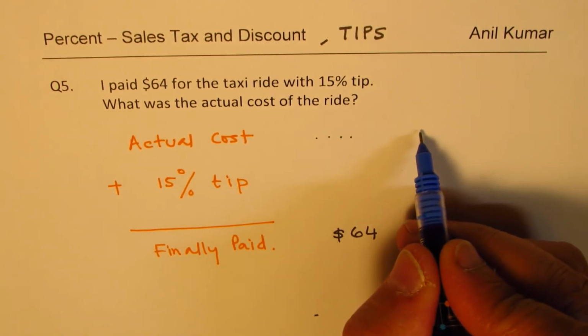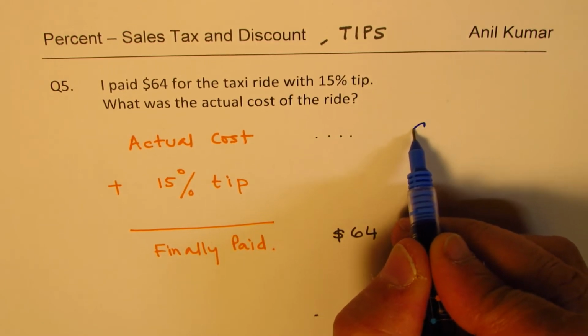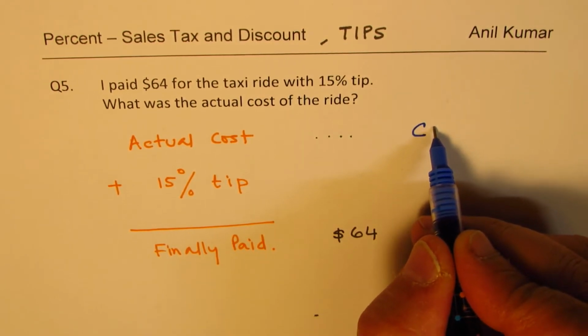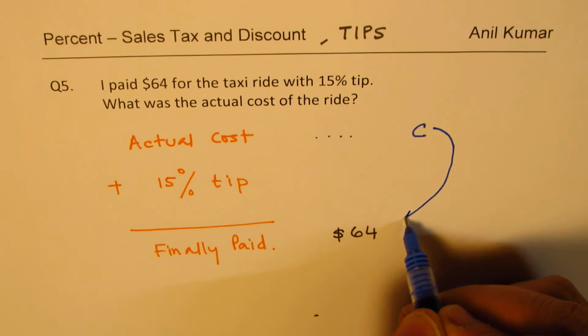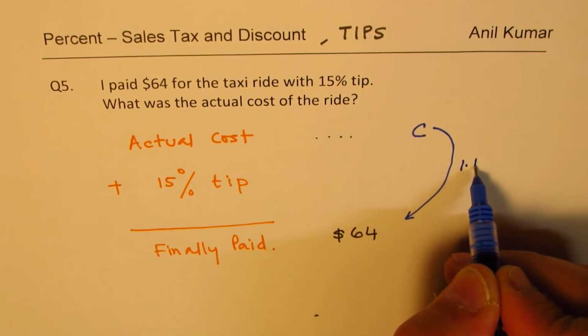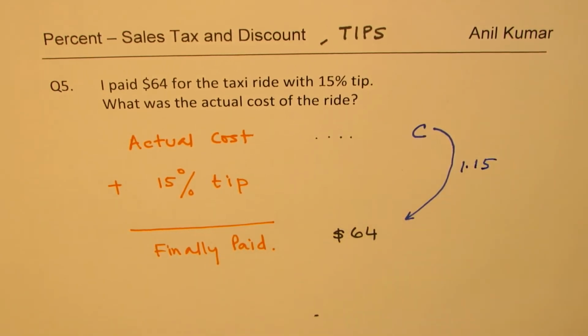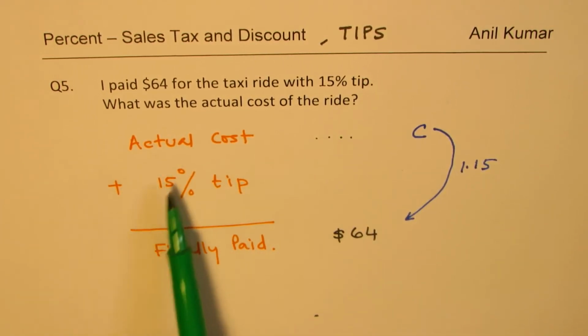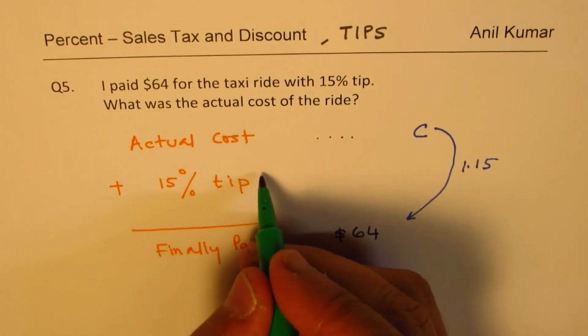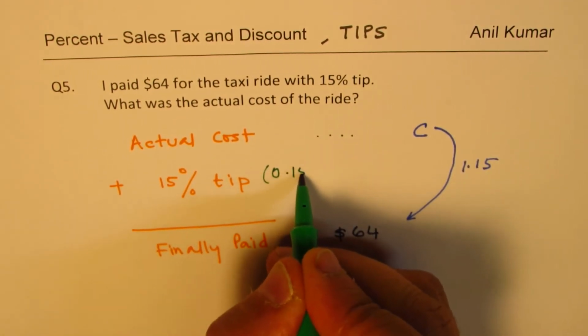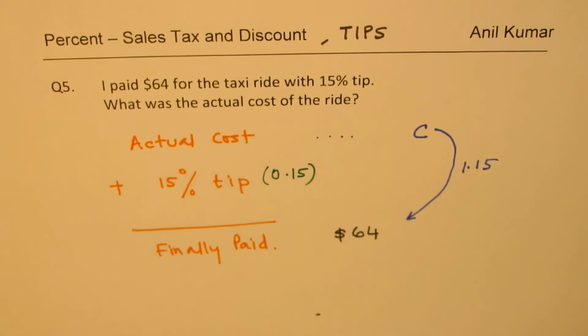So if cost was, let's say, C, then we multiplied this by 1.15 to get the value. But if I have to go back, because 15% more, right? So original cost plus 15%. 15% means what? 15% means 0.15, right? Plus the cost. So it becomes 1.15.